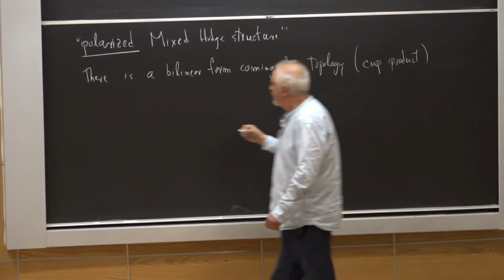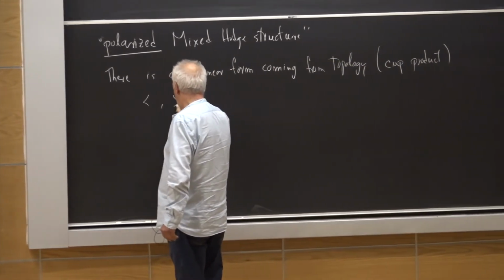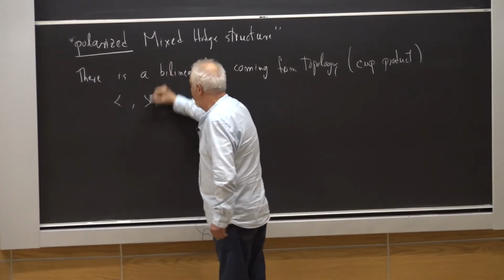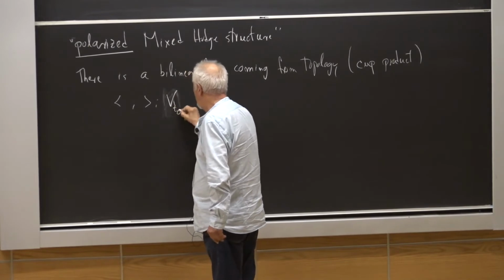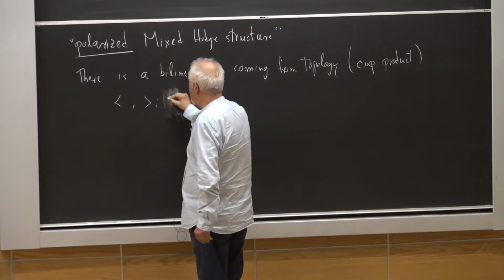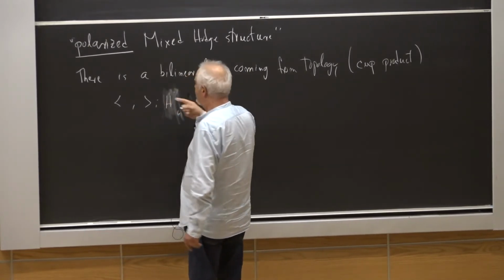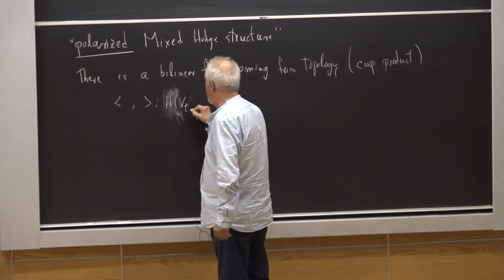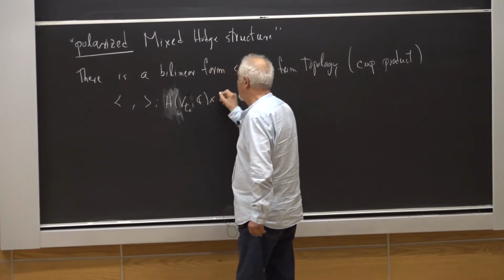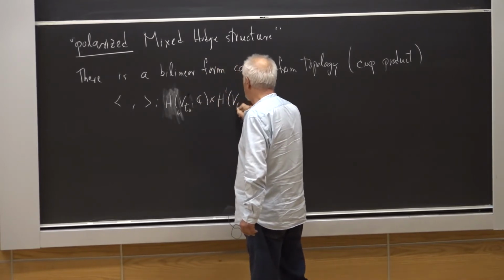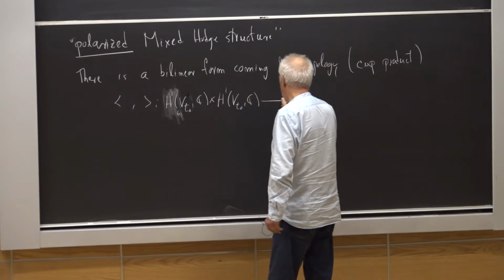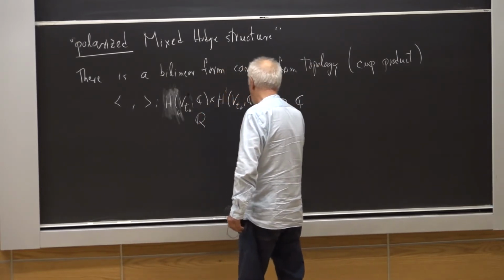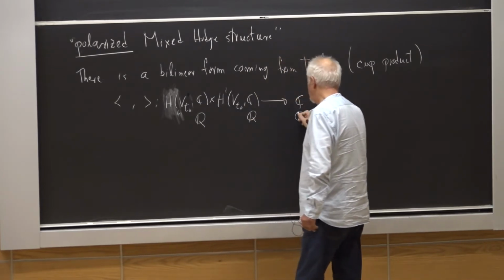So the coproduct gives me a bilinear form, I'm sorry, on H1. So if I view it in cohomology, this is H1 of VT0 with complex coefficients cross H1 of VT0 with complex coefficients into C, or I can also put rational coefficients here.